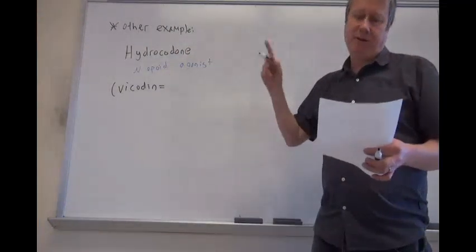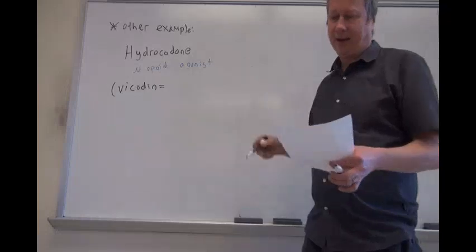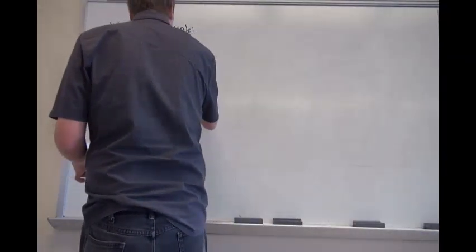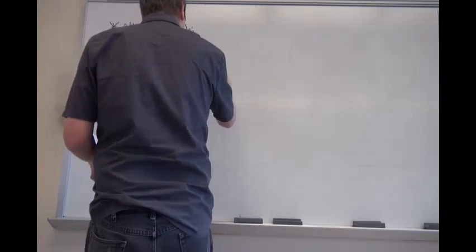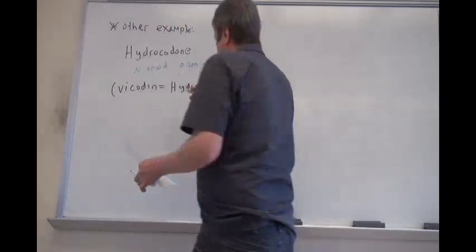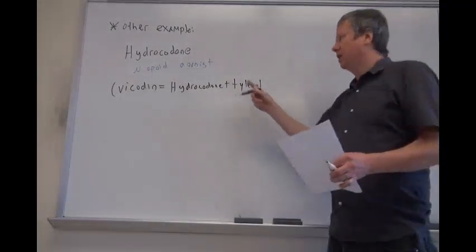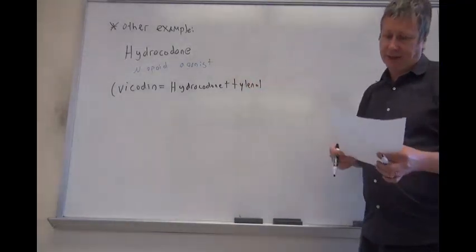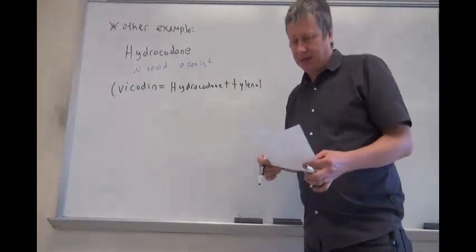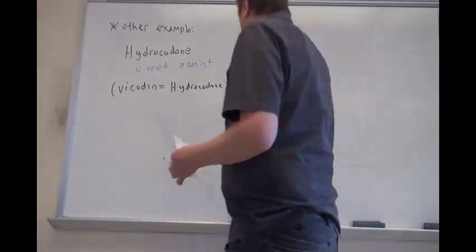Vicodin is half hydrocodone and half Tylenol. So it has the anesthetic effect of hydrocodone and anti-inflammatory effect of Tylenol. It's not exactly half and half, but it's a mixture of these two things.